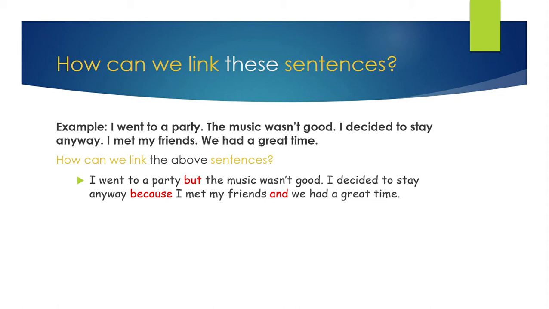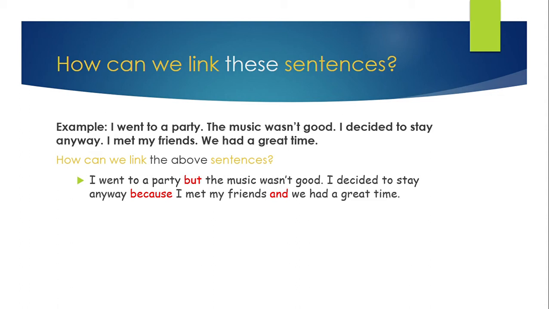I went to a party, but the music was not good. I decided to stay anyway because I met my friends and we had a great time. So here you see, we have used the sentence connectors to link ideas, opinions, and views of a person.